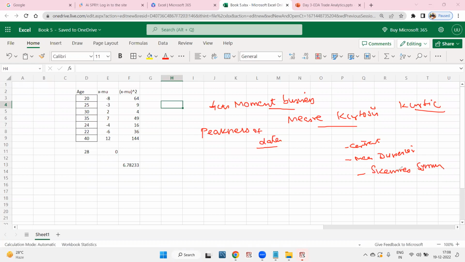When it comes to the fourth moment business decision, we talk about kurtosis. In kurtosis, we are going to measure the weakness of data.